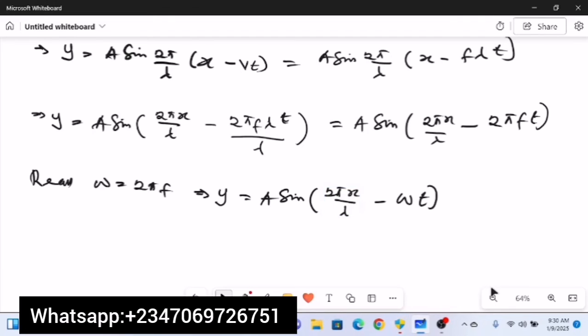So all waveforms take this equation for the vertical displacement: A sine of 2 pi x over lambda minus omega t.